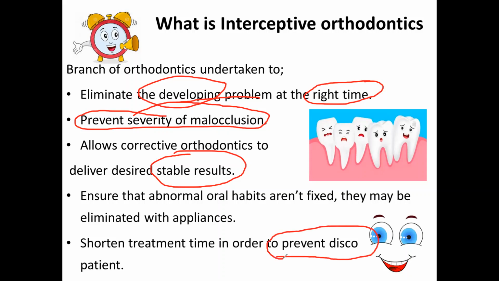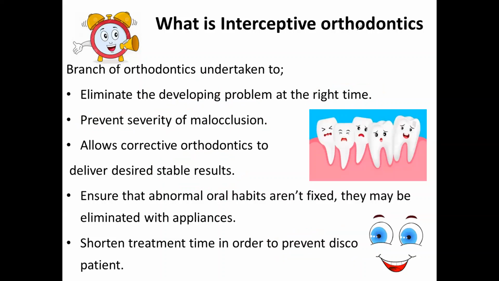So in a nutshell, what did we understand? Interceptive orthodontics is done at a very early stage, once it is diagnosed, at the right time to prevent severity of malocclusion.